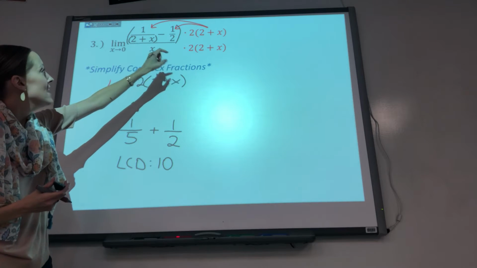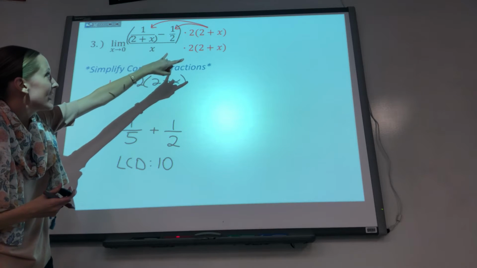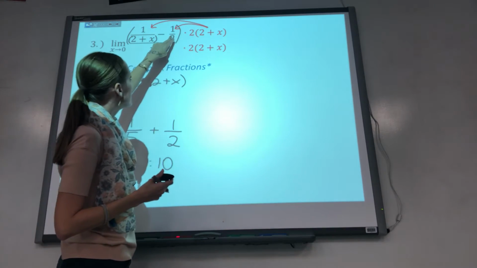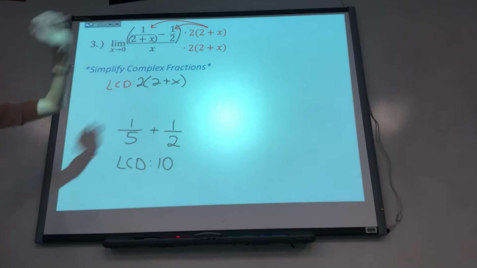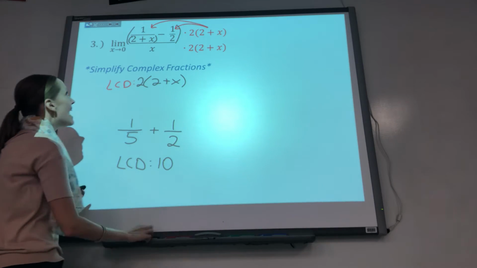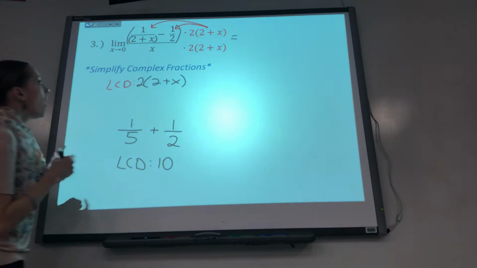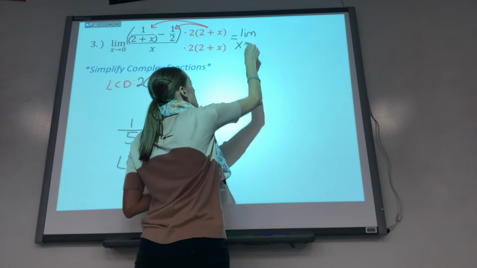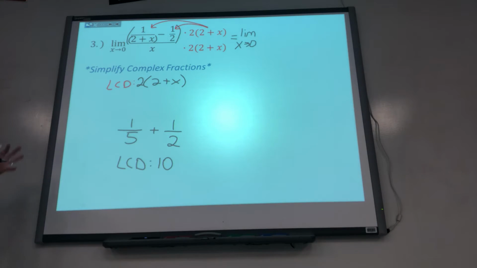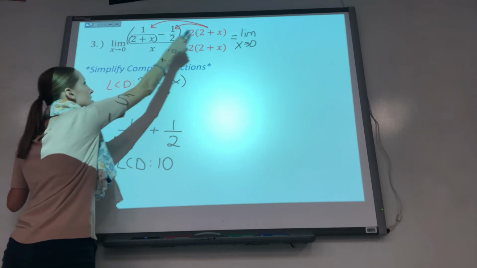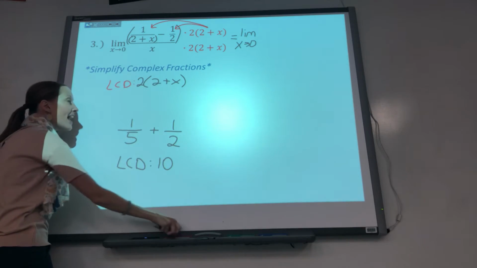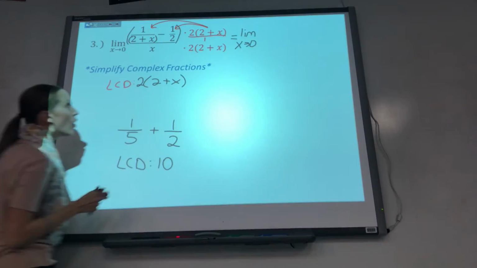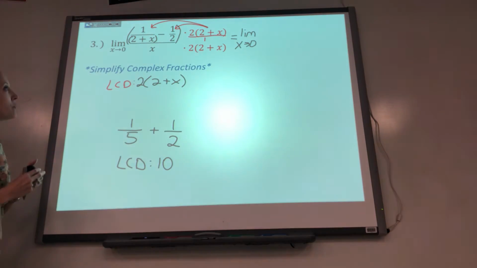So I'm taking 2 times 2 plus x times this fraction and times that fraction. Getting pretty complicated here, so hang with me. Now when I do that, on top, I'm just going to keep that limit part out front because I'm not really doing much with that yet. When I distribute to this fraction, since this is a fraction, you could always think of that over 1 if you wanted to.